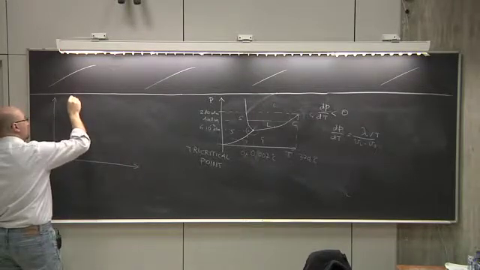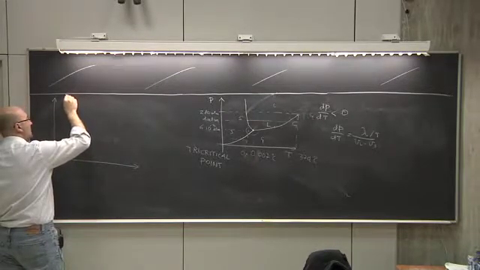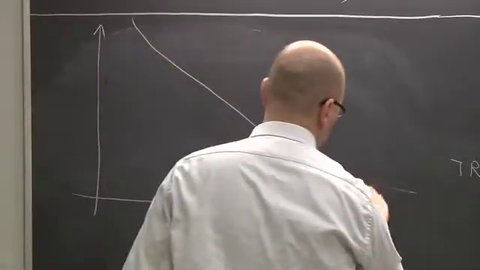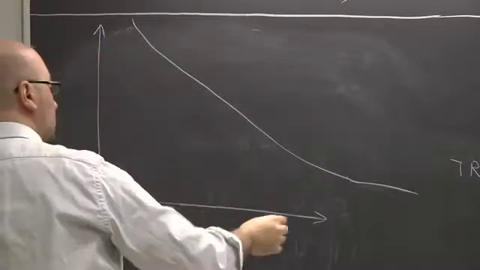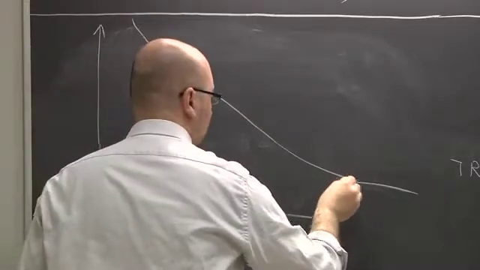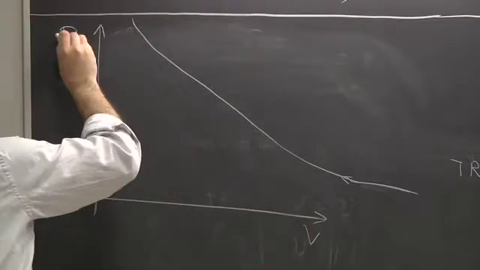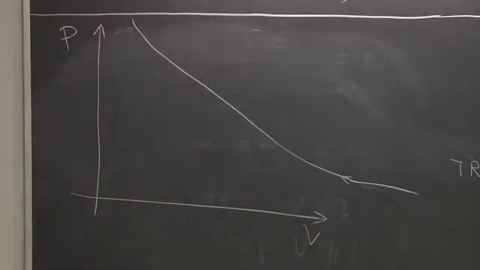So in the van der Waals gas, if the temperature is very large, the isotherms are pretty smooth.